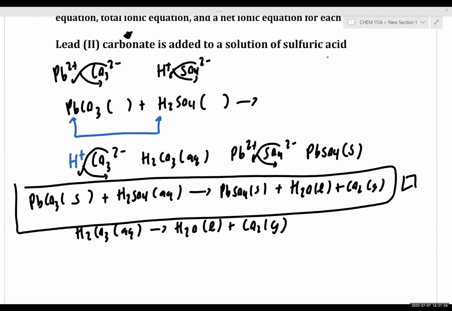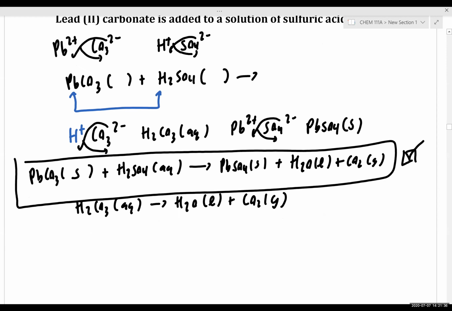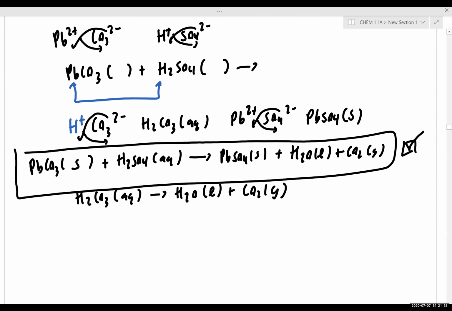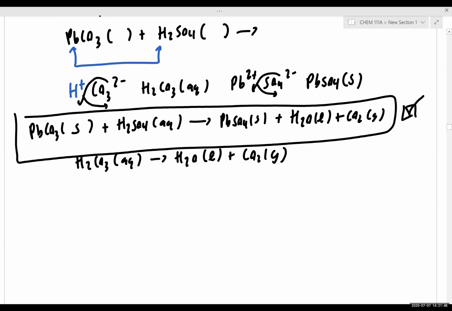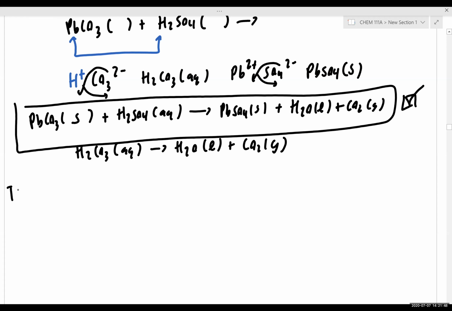I always want you to think about that because that's often how students get tripped up on standardized exams. They write out the equation, they don't balance it, and then they're in a weird spot. Okay, so now let's write our total ionic equation. We don't dissociate lead carbonate, it's insoluble.